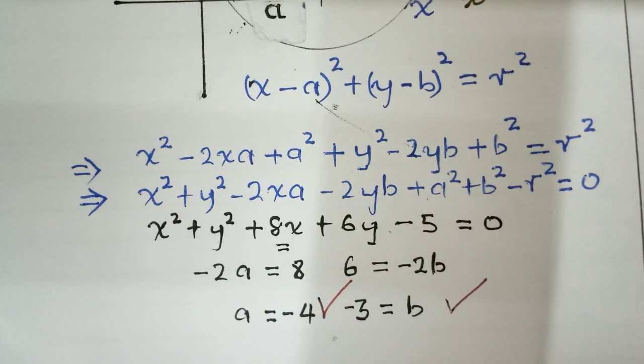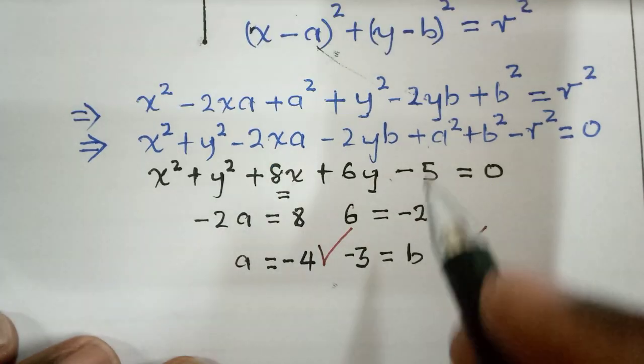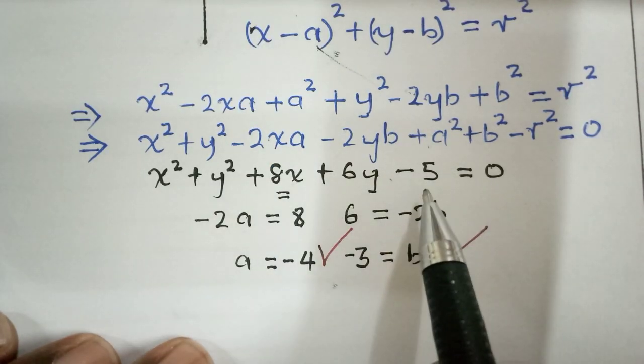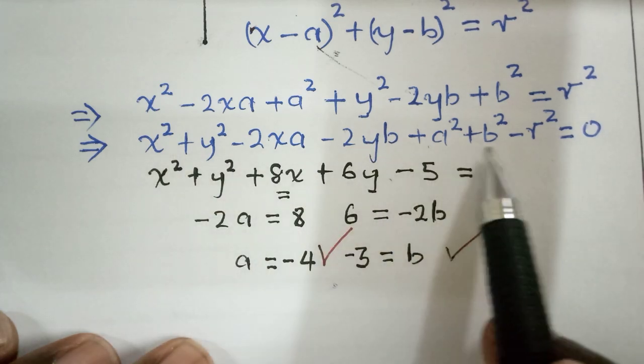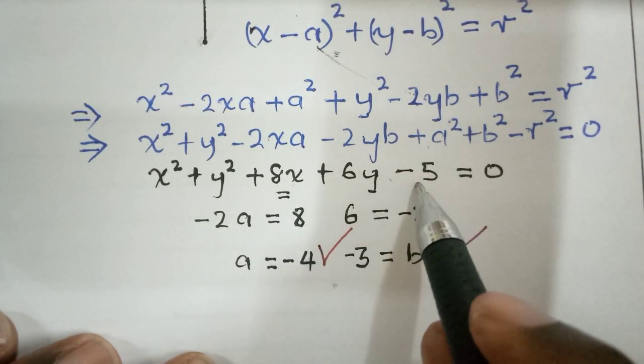Now we go to the next question. We come back again here. This is our general equation, and we now compare this negative 5 here.